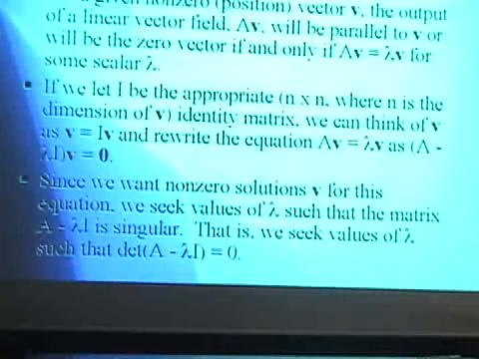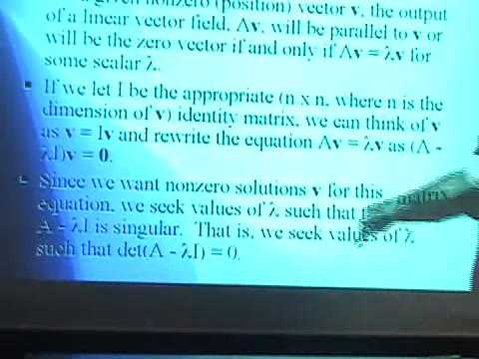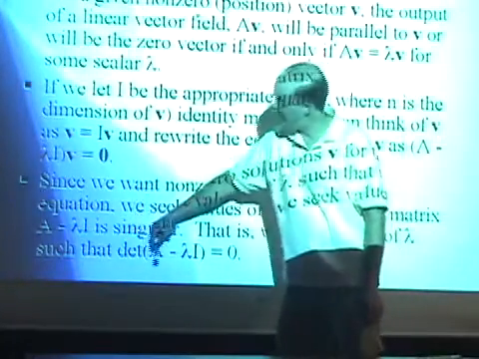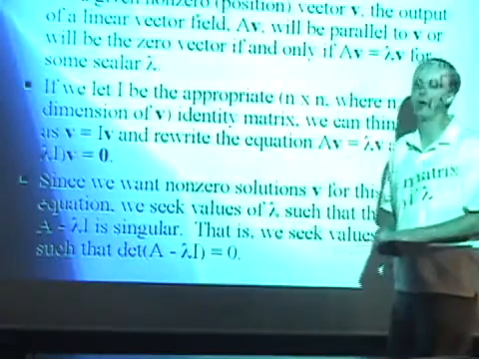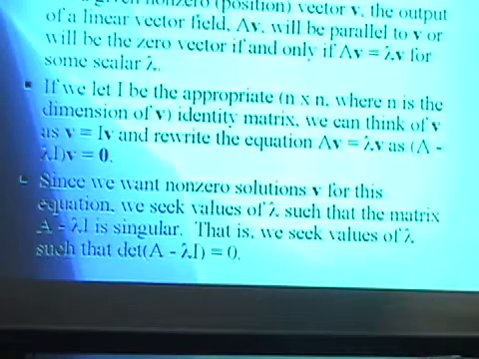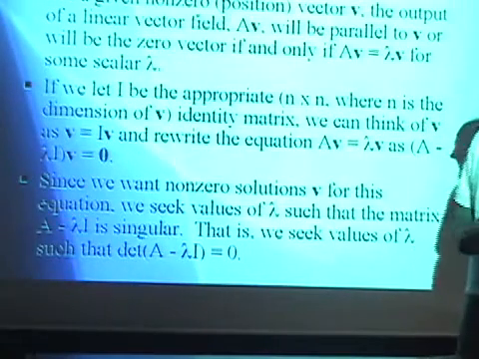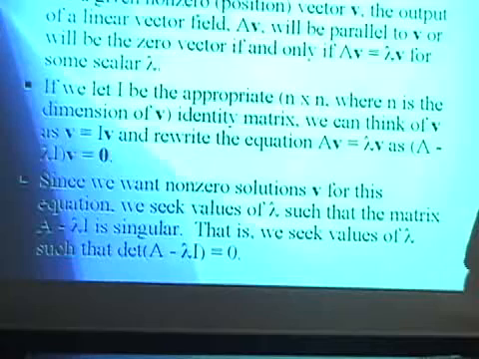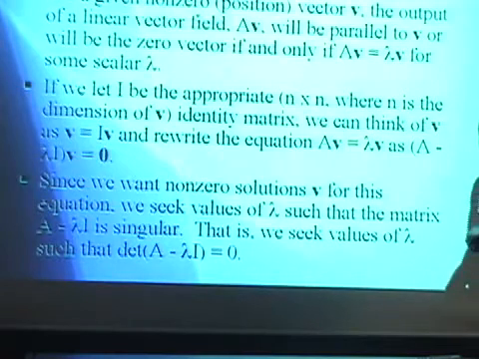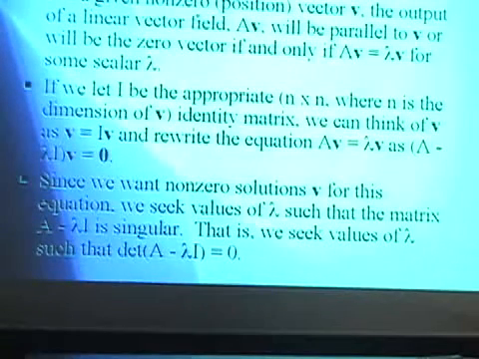So we're seeking values of lambda that make that true. This expression here ends up being a polynomial in the unknown lambda that you can solve for lambda. In the n-dimensional case, that'll be an nth degree polynomial. In the two-dimensional case that we usually consider, it's a quadratic that you can solve with the quadratic formula, or if you're lucky, by factoring.